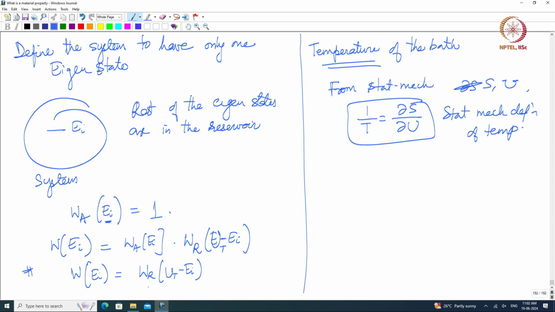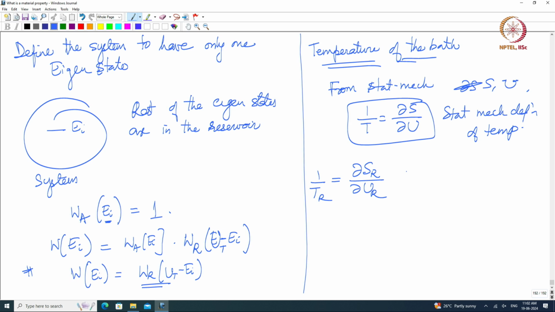Now I ask the question, what is the temperature of the reservoir? Once it equilibrates, the reservoir temperature is the same as the system temperature. So what is the temperature of the bath? The temperature of the bath is nothing but dS_R/dU_R, so that is 1/T of the reservoir, or 1/T of the bath.